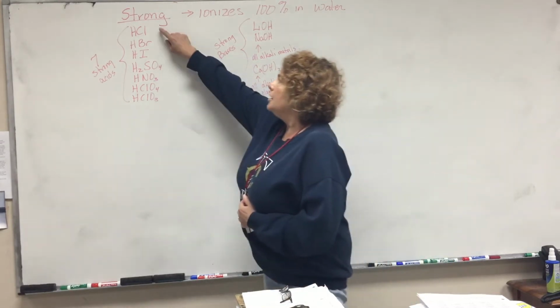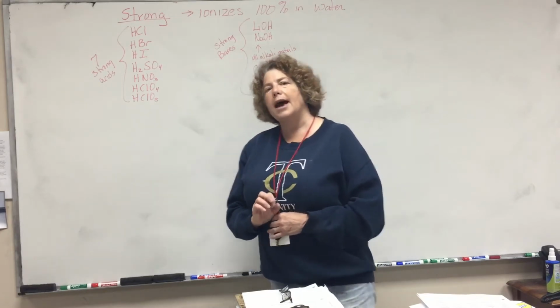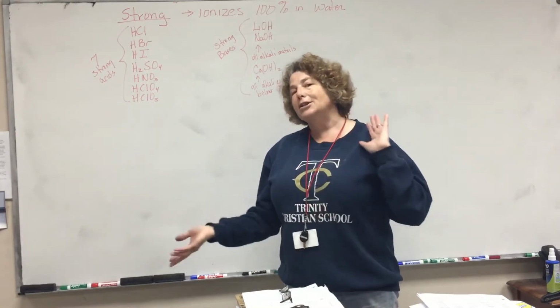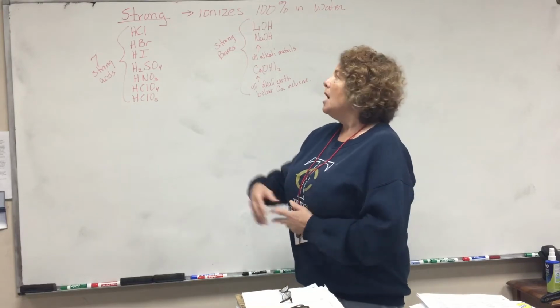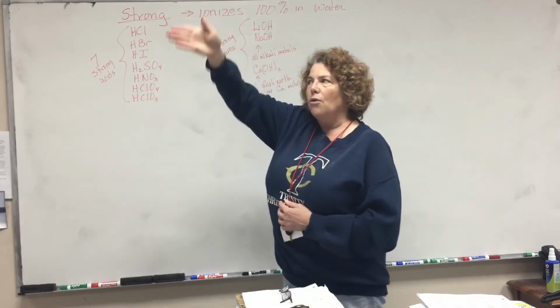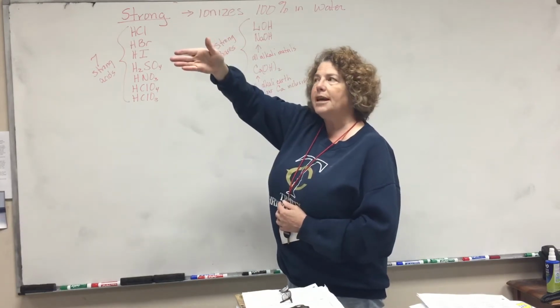But anyway, all you have to do is memorize the list of strong acids. And I realize this year you probably don't have to memorize the list because I'm not going to test you like that. But any of you going into AP will need to know. Basically, it's HCl, HBr, HI, which are all right under each other in the halogens on the periodic table.